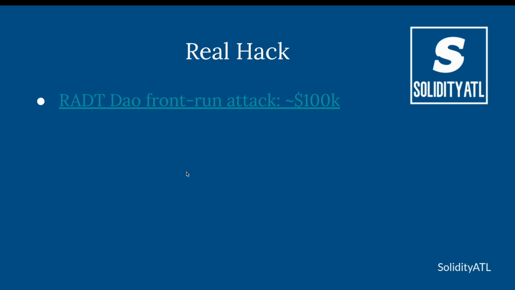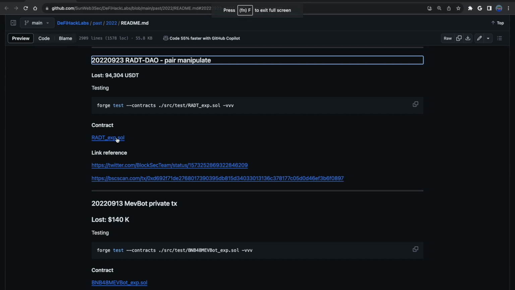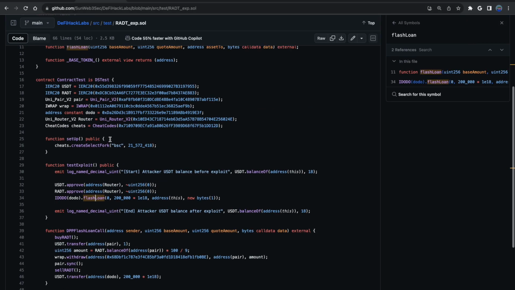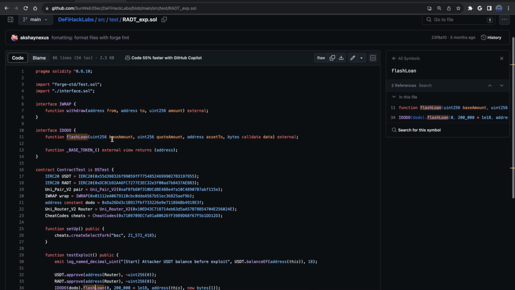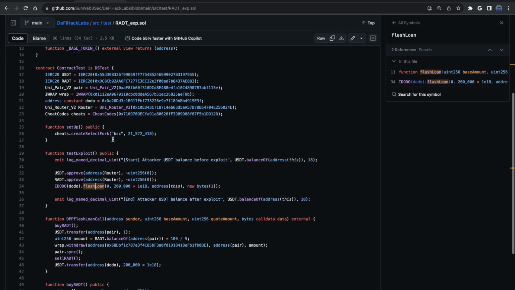All right, so we're going to look at a real hack. It's the RADT front running attack mixed with an Oracle manipulation attack. So we're going to take a look at the contract flow, and then we may take a look at a reference for this. All right, so we have a few things here.